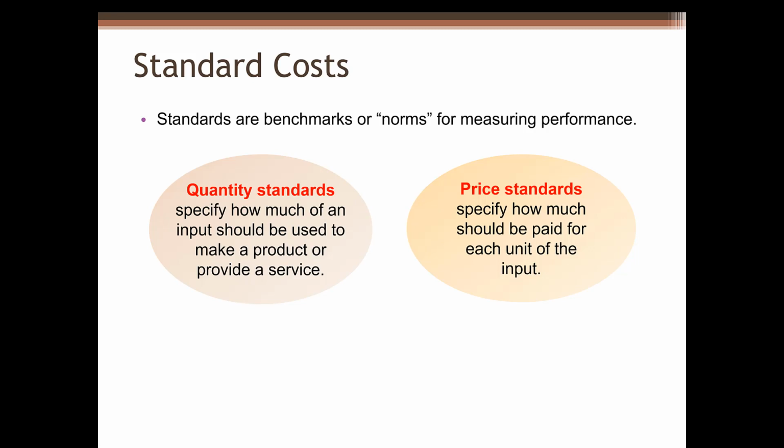A standard is a benchmark or norm for measuring performance. In managerial accounting, there are two types of standards which are commonly used in manufacturing, service, or non-profit organizations. Quantity standards. Quantity standards specify how much of input should be used to make a product or provide a service.